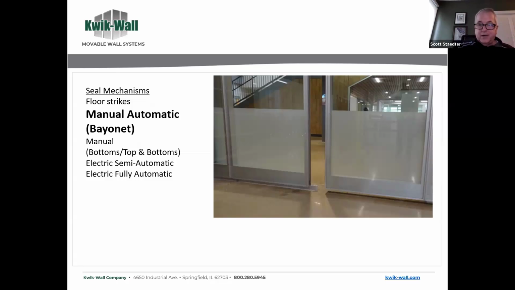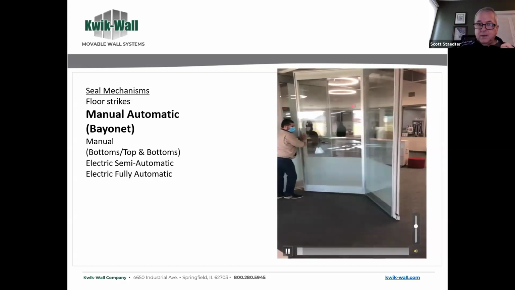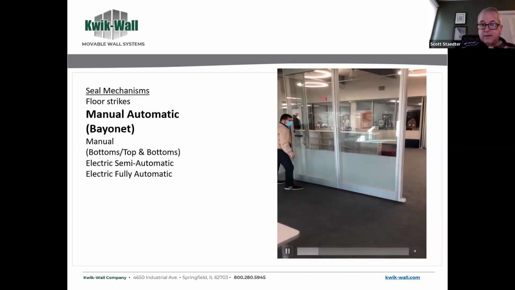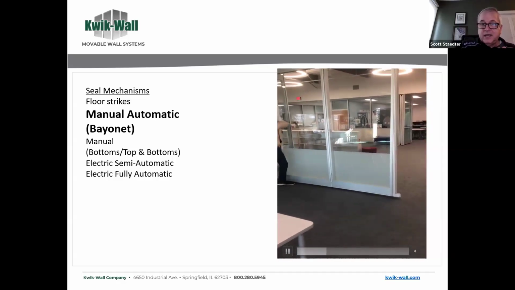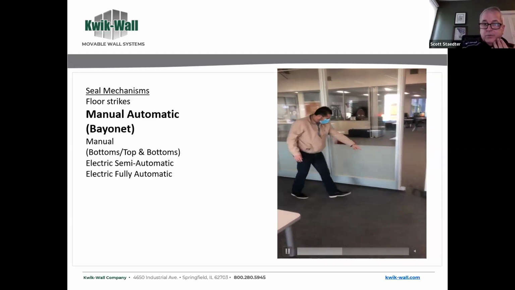I'll just show you how this operates in this video. All right, so these are paired panel ones. You can see that the bayonet seal is sticking out. This guy is pushing this panel close to the wall.